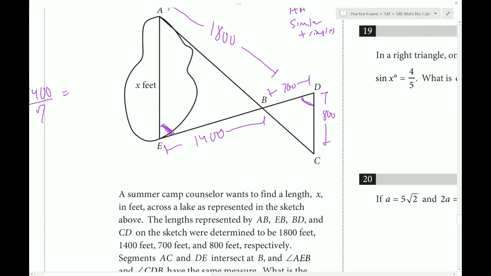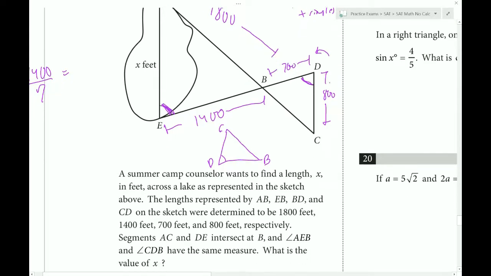So let's try doing that. Since we know for a fact that these angles match up, I'd have to rotate this small triangle around until the correct angle is sitting here, which would be angle D. If I did that, C would be pointing up in the air, and B would be over here. So that's the proper orientation of the small triangle. If I relabel the sides, DC would be 800.